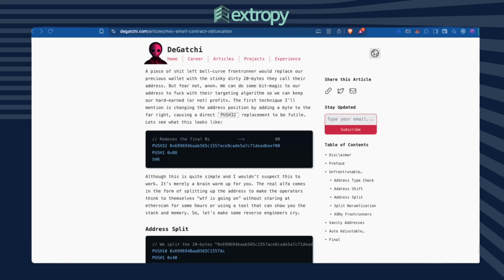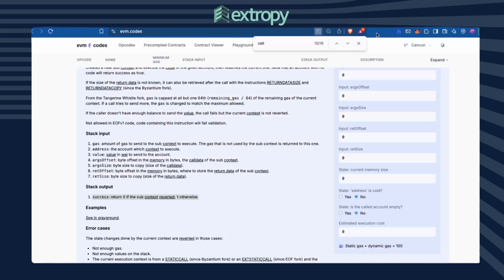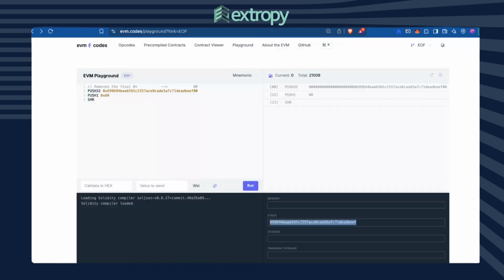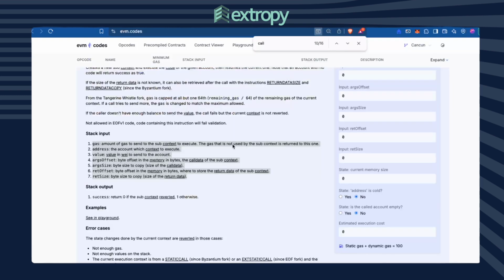Let me just move that out of the way. The gas must be on the top of the stack. We were having the address on top. Okay, maybe I got that wrong. Remember when you're putting onto the stack, you put the last thing on, and then you put the next thing on.